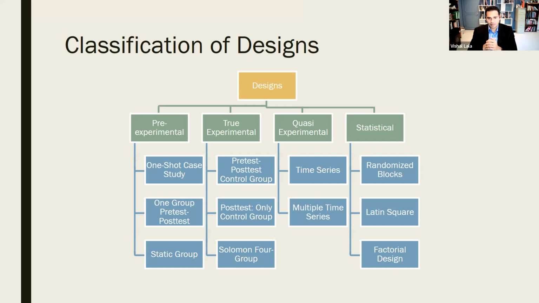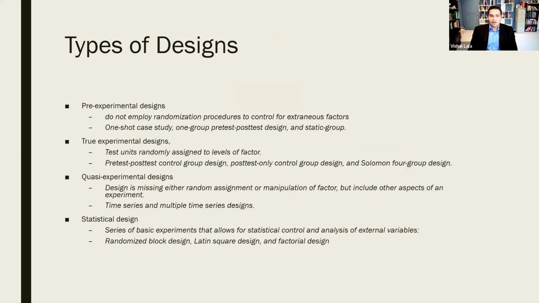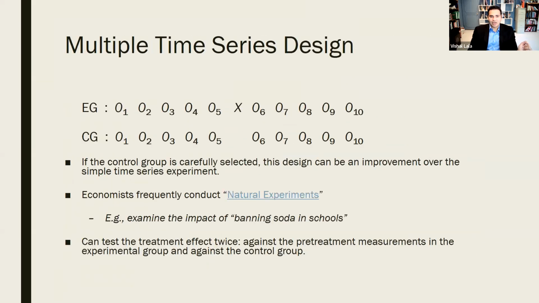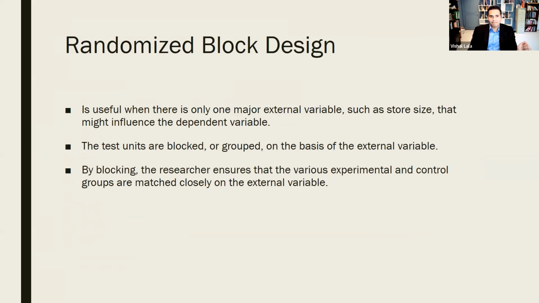There are quasi-experimental designs that try to address all the requirements of an experimental design, but they fail in some ways. Then there are statistical designs that are based on some specific structure in mind, like a factorial design or randomized block design. These are detailed in the slides, which I'm not going to go into in any more detail in the interest of time.